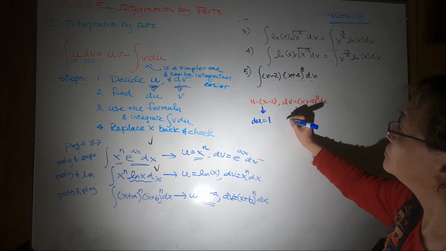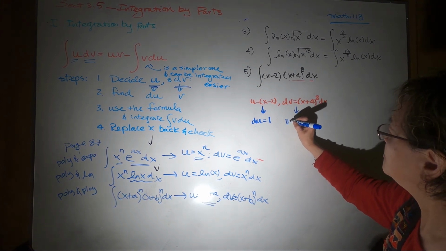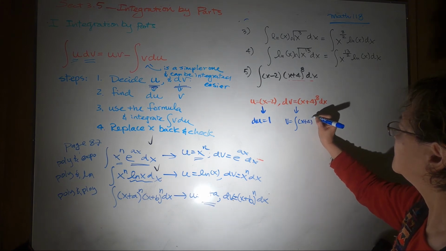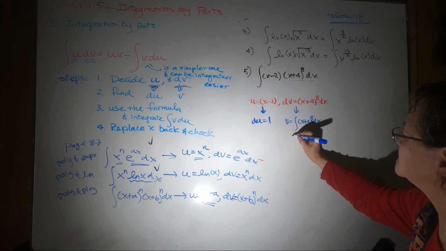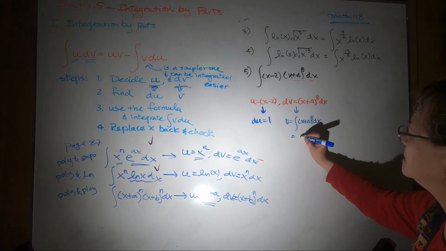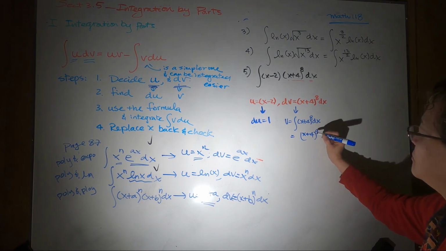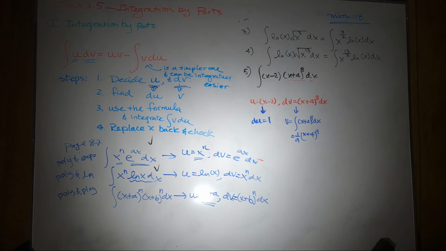From here, we need to find the v, so v would be the integral of this, right? Then this would be the power higher, (x plus 4) to the 9th power, then that would be 1/9. Is that right?